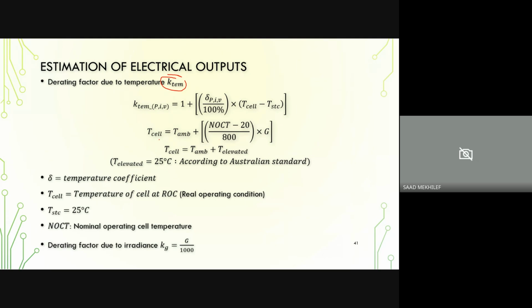For example, the ambient temperature is 20 or 25, like today in Melbourne is around 36, so it's 36 plus this quantity. Most of the time the cell's temperature is maybe around 50 to 70 degrees Celsius.